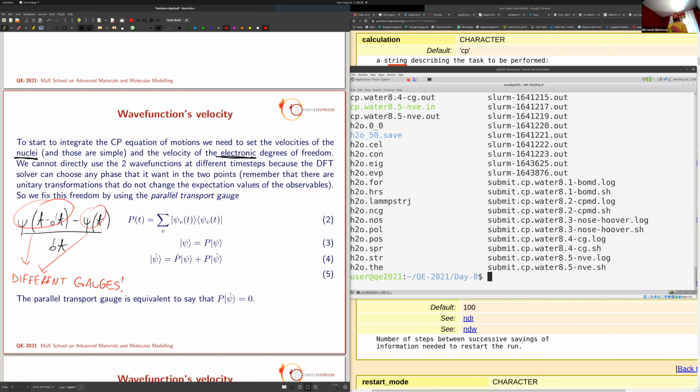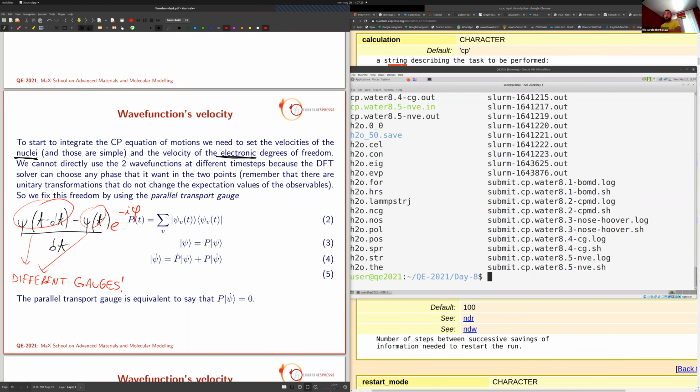The minimization of the ground state is independent. Nobody told the conjugate gradient algorithm to choose the same gauge for the two minimizations. They are completely independent. So if you do this difference, let's say, for example, that here there is a different phase, you are subtracting something that is not correlated, and you get only random numbers.